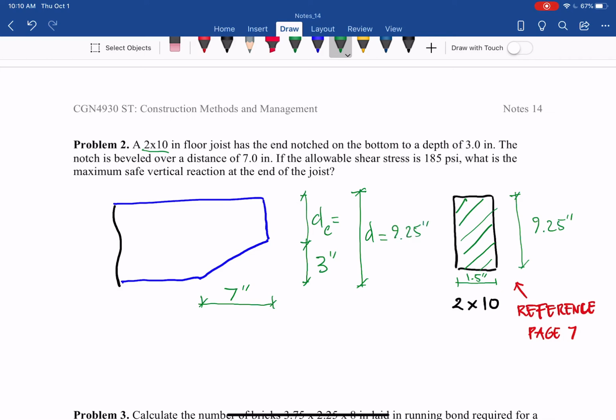So from that we can find DE, which is equal to 9.25 minus 3, so it will be 6.25 inches. And B is 1.5 inches, so we can apply the equation previously.